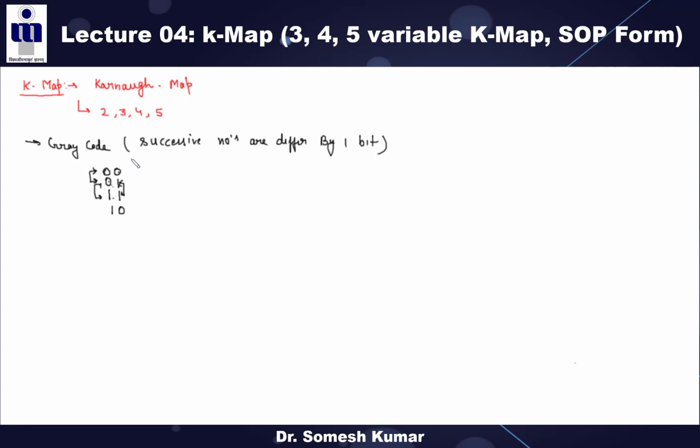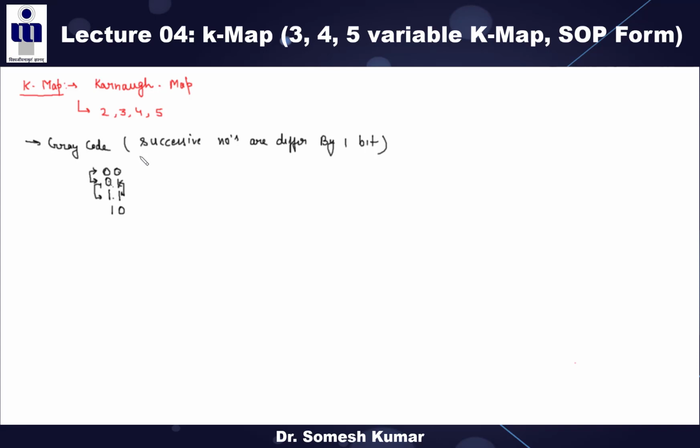So K-map is basically a pictorial representation of your function, in which we assign various weights to particular cells, and based on those cells, we minimize our function.